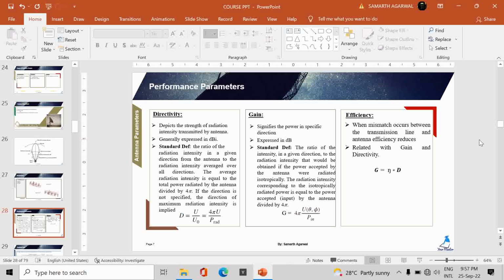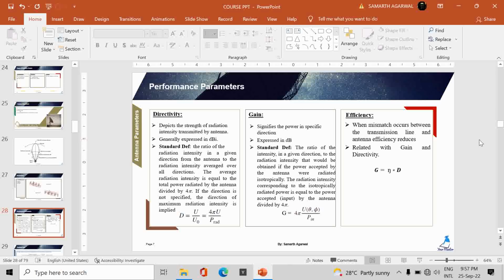The radiation intensity corresponding to the isotropically radiated power is equal to the power accepted as input by the antenna divided by 4 pi, that is P in divided by 4 pi, and the 4 pi goes to the numerator.